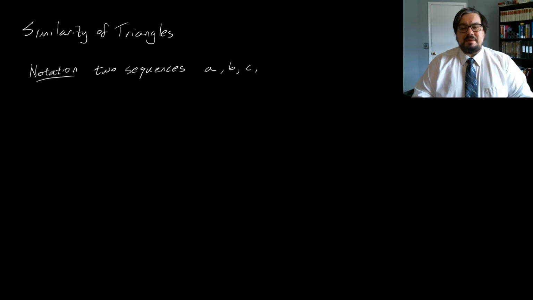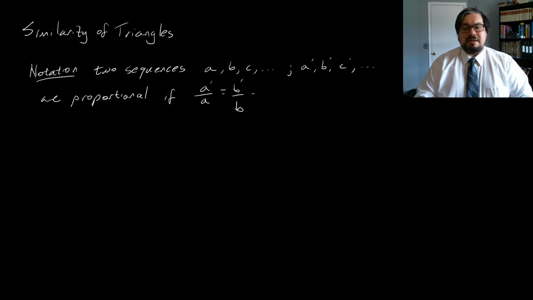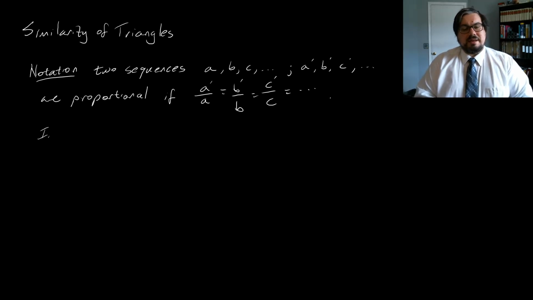Two sequences A, B, C, etc., and A prime, B prime, C prime, etc., are proportional if A prime over A equals B prime over B equals C prime over C, etc. Basically, if all of the elements of the second sequence are constant multiples of the first one with the same multiple in each spot.